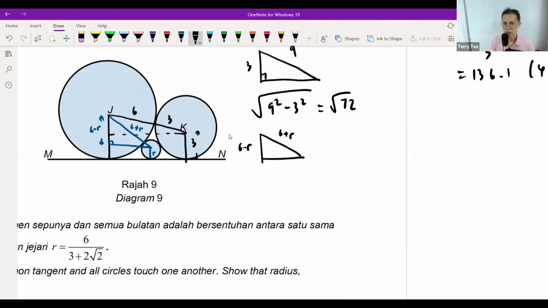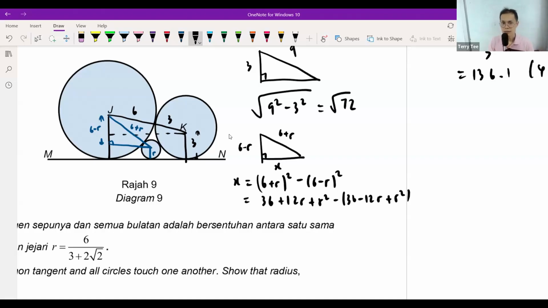We find this measurement. Maybe I call this measurement x. What is x? x squared will be (6 plus r) squared minus (6 minus r) squared. Expand the bracket: 36 plus 12r plus r squared minus 36 minus 12r plus r squared.